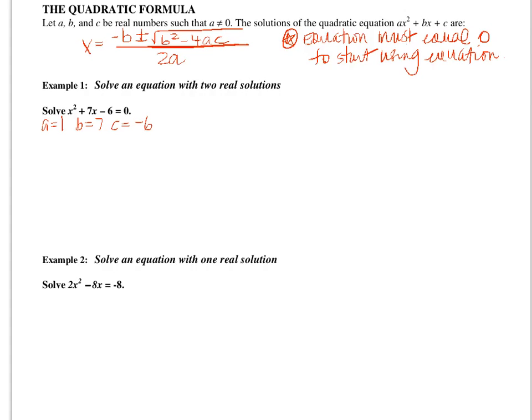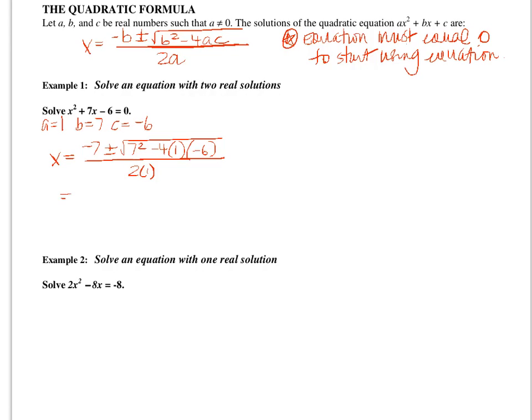So, let's plug these in. X equals the opposite of b, so it's a negative 7 plus or minus the square root of 7 squared minus 4 times a, which is 1, times c, which is negative 6, all over 2 times a, which is 1.